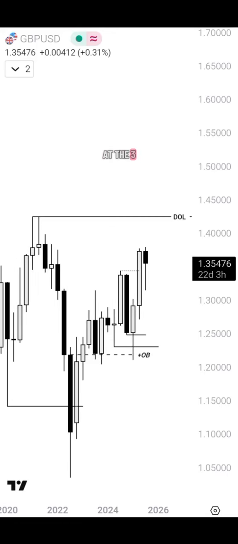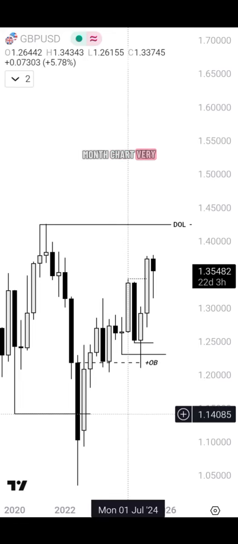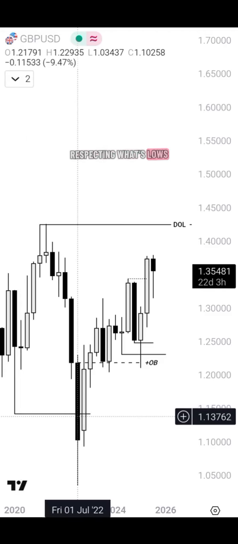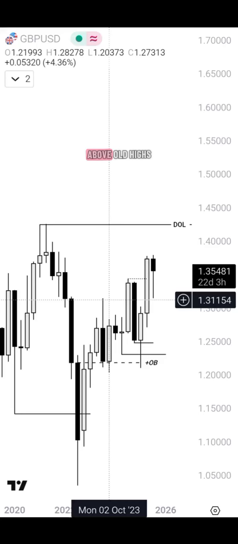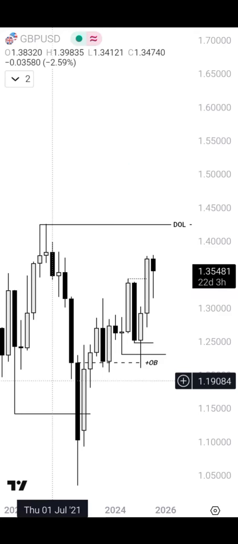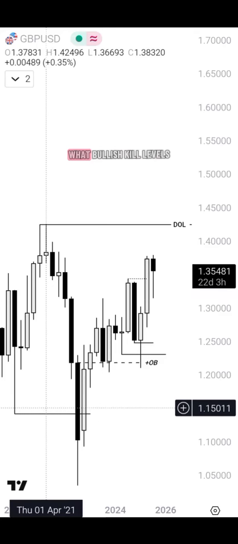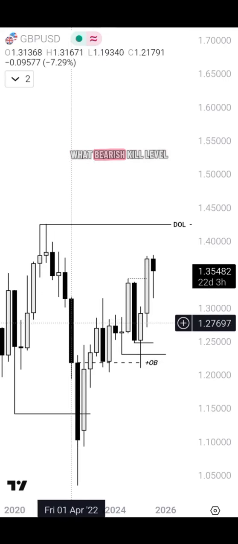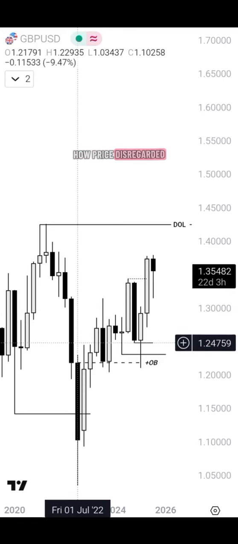Now, why am I expecting higher prices? If you look at the 3-month chart very well here, you can see the price is respecting lows, and we are breaking and closing above old highs. So we are respecting bullish key levels, and we are disrespecting bearish key levels. You can see how price disrespected this gap.